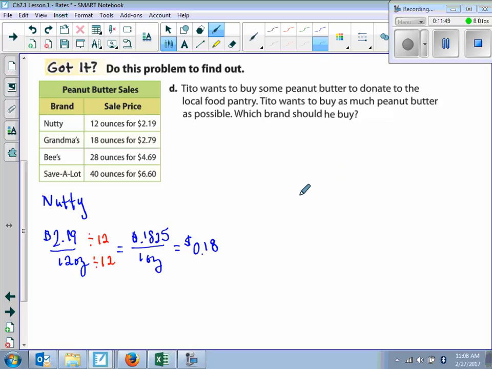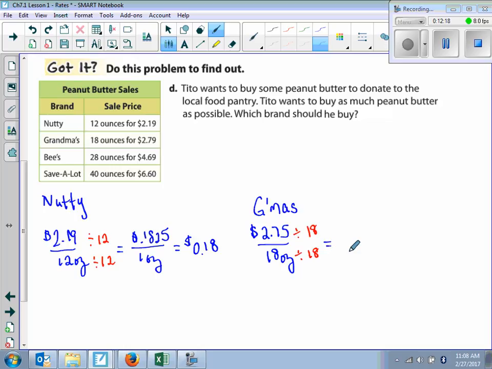All right. So how about for grandmas? GMAs. Okay. So that's $2.79 for how many ounces? 18 ounces. So on this one, we're going to divide by 18 in the numerator and the denominator. Very good.